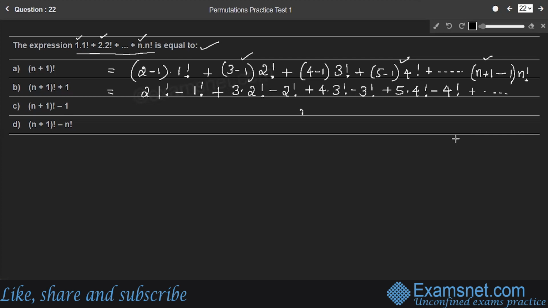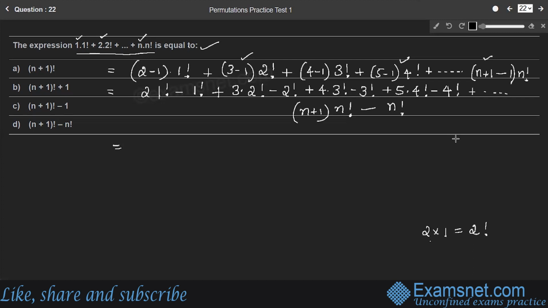It becomes n plus 1 into n factorial minus n factorial. So now consider 2 into 1 factorial. So 2 into 1 factorial is nothing but 1 itself. So 2 into 1 is equal to 2 factorial.